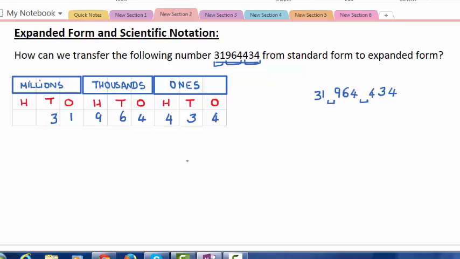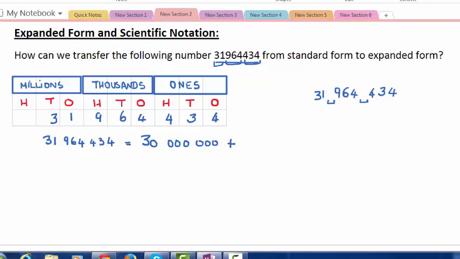Now, how can I answer the question? I need to write this number from standard form to expanded form. I have this number, 31,964,434, equal. I know that this 3 is under the 10, that means 30 million. The easiest way is to take the first number and transfer everything else to zeros.